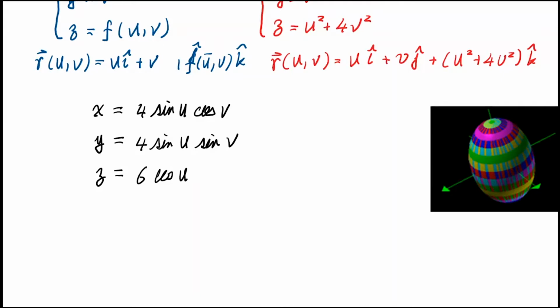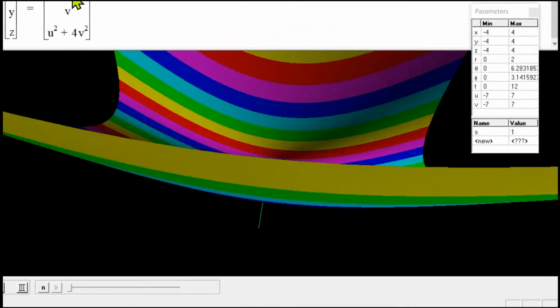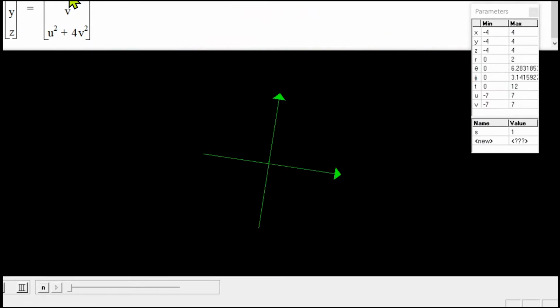Well, one way to find out, right? We'll test this. Okay, we go back here now. So I'm going to put here 4 sine u. Oh, I have to put parentheses around. Shoot, this thing is going to act up. Cosine, yes, see, it does that.